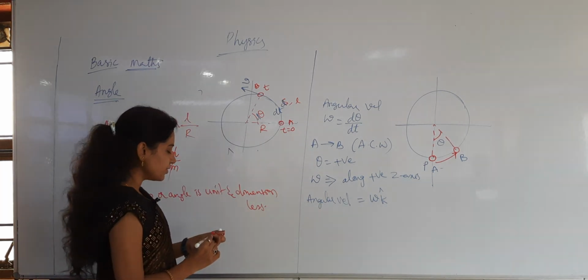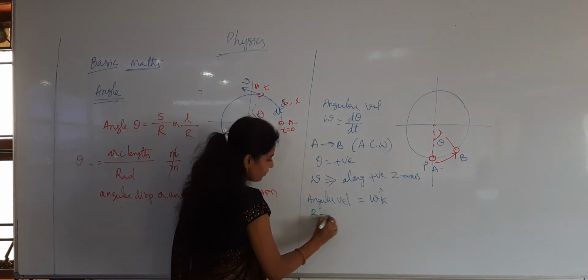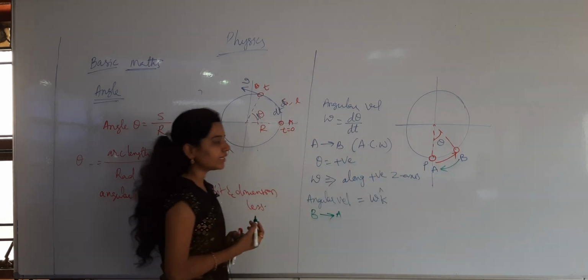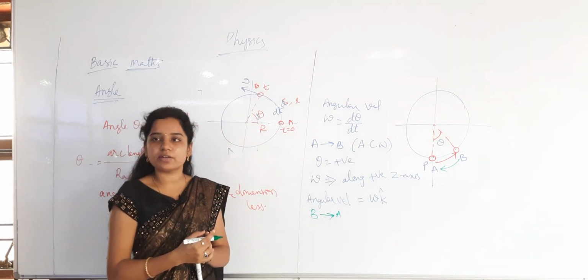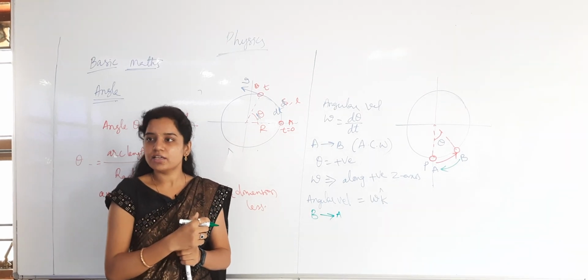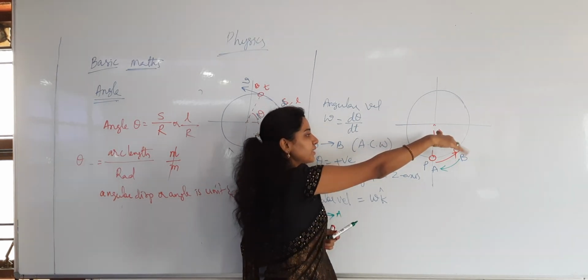Now whenever the same body is moving from B to A, at that time the body is moving in which direction? Clockwise direction. Keep your palm like this and fold the fingers in this way.